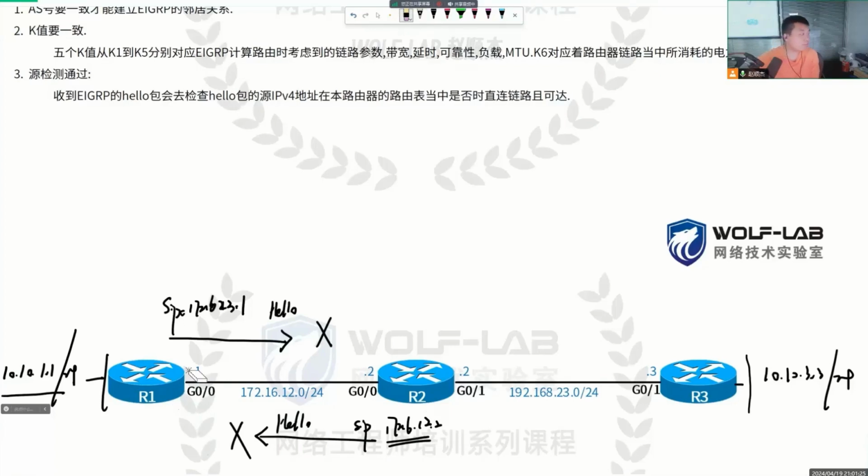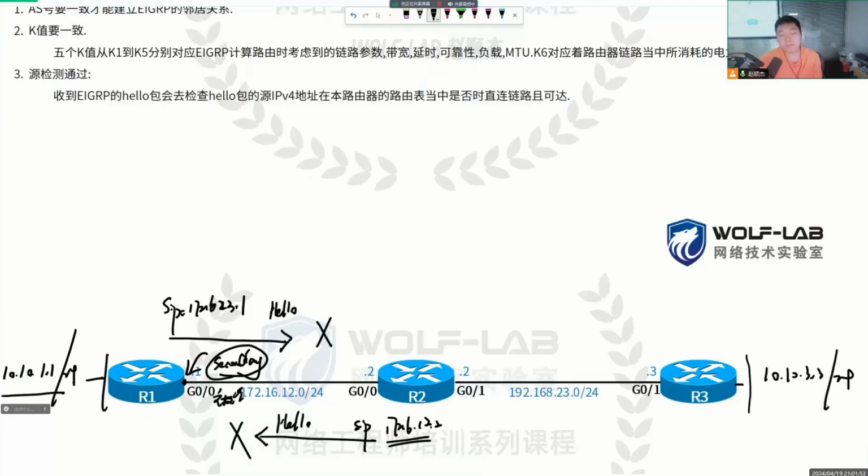Next, let's make a one-sided neighbor. How do we do it on our IPv4 router? We can configure an auxiliary address, also called a secondary address. Its function is very simple: the auxiliary address configured on this interface can be accessed, but it cannot actively access others.